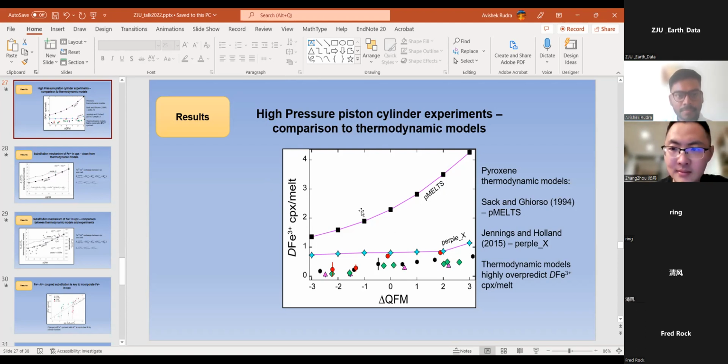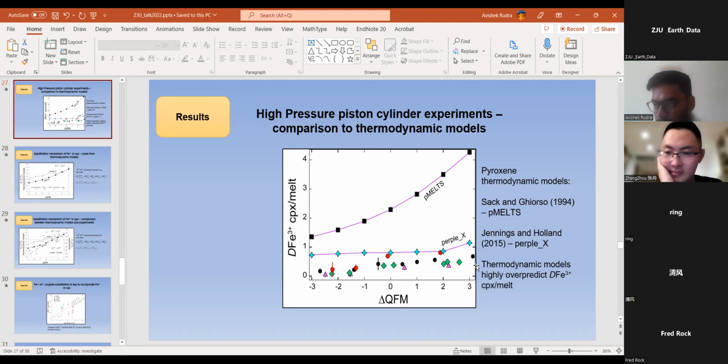Hello, I have a question. Based on your results, you said practically the source that generates the OIB and the MORB are equally oxidized, or let's say equally reduced. But does this contradict the compositional character reflected in the mid-ocean ridge basalt and also the OIB?